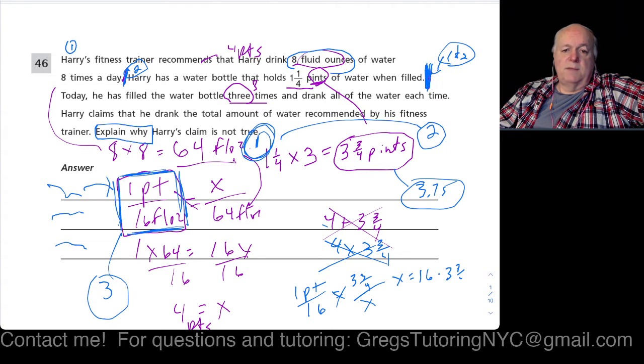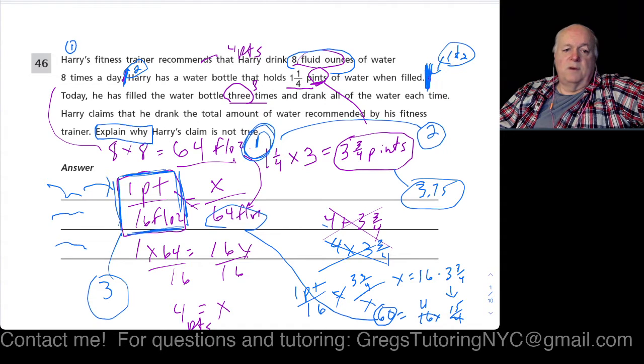We can map this into a top-heavy fraction. That's 15/4, times 16. I can take my 4 and divide it into here 4 times. So I avoid 16 times 15, and now I have 15 times 4, and that's equal to 60. So it turns out he drank 60 ounces, and he needs to drink 64.